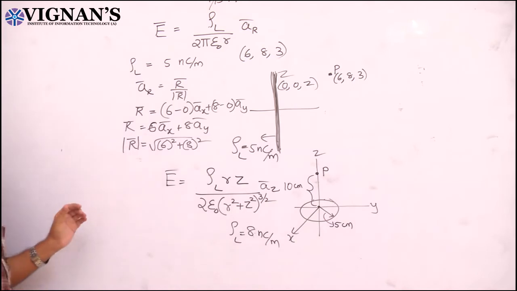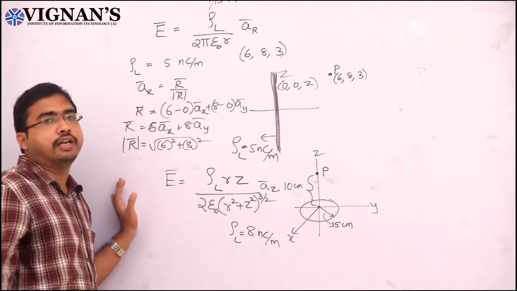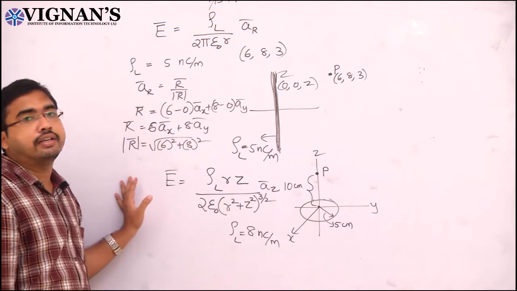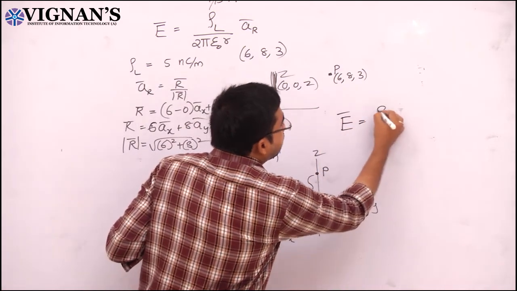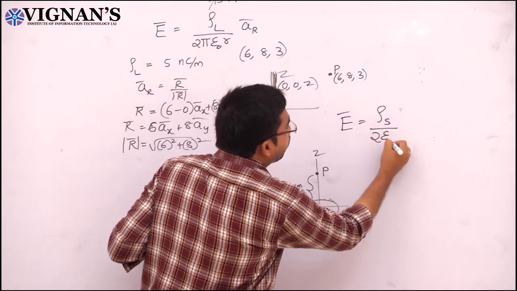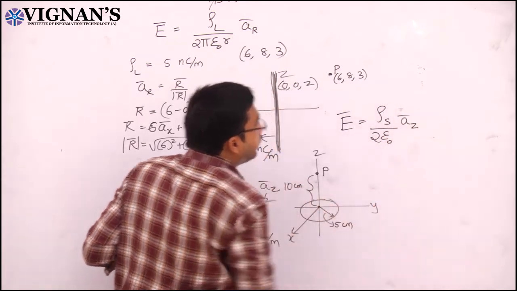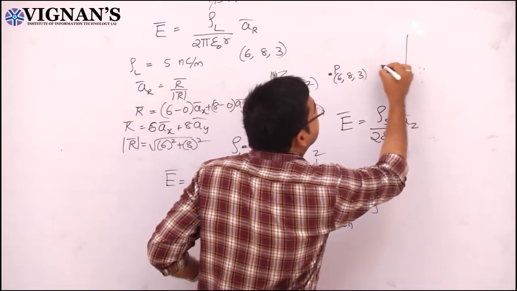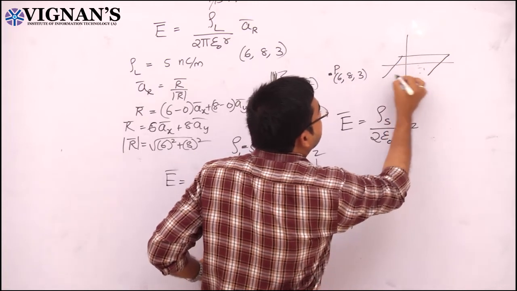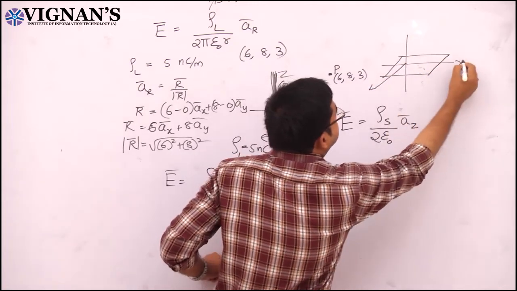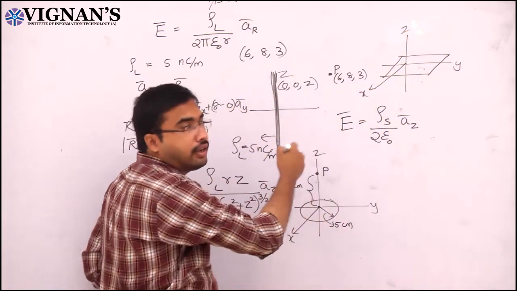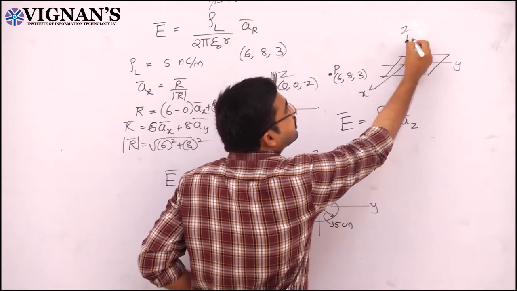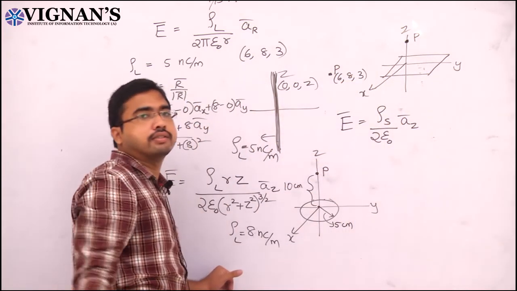Okay. And the third one is, we have also derived the electric field intensity due to an infinite sheet charge. E bar is rho S by 2 epsilon naught into Az bar. That means we are taking an infinite sheet of charge in the xy plane, and I want to find the electric field intensity at some point P on the Z axis.